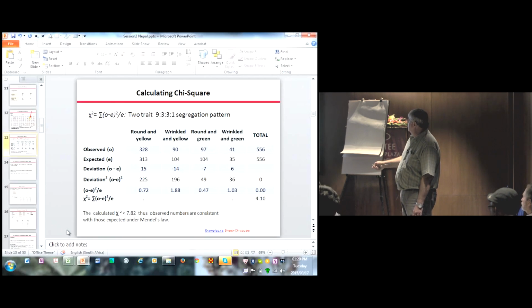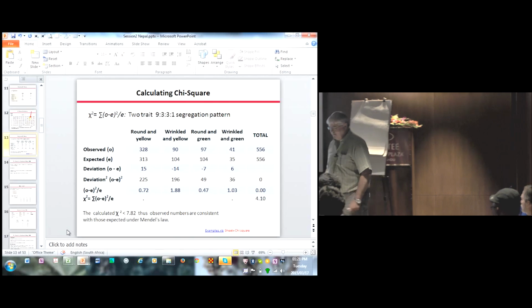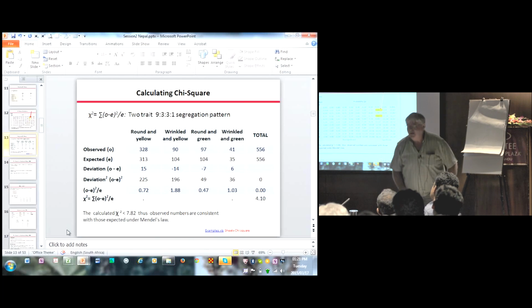The expected based on that segregation pattern, I split that up according to that ratio. I work out the deviations. I take the square deviations divided by E, okay, and I add the whole lot up together, and I get a total of 4.1. That number means nothing until I go back to my table.